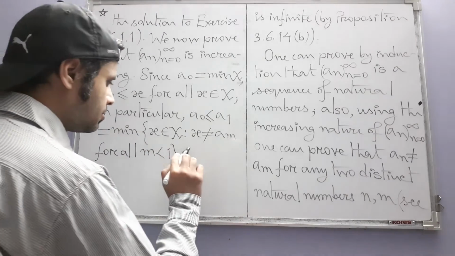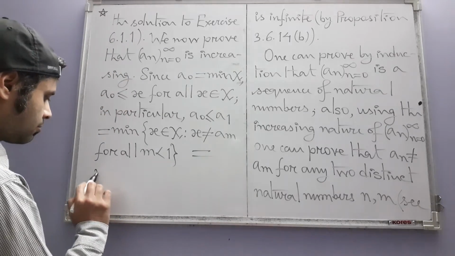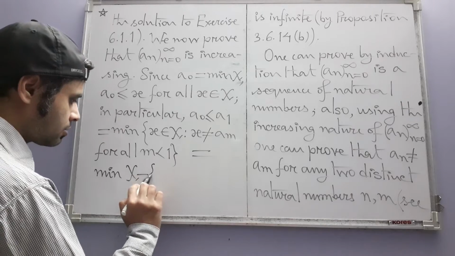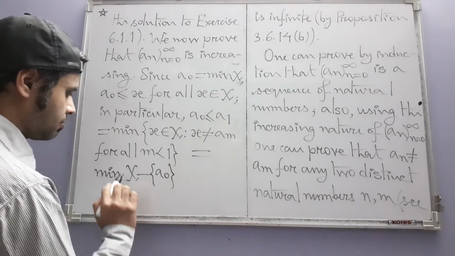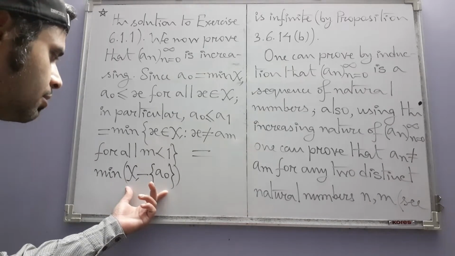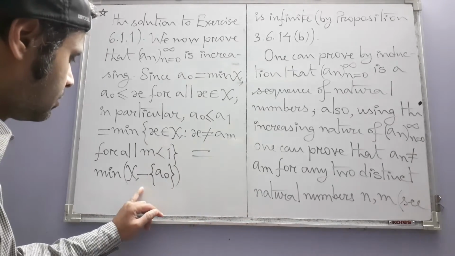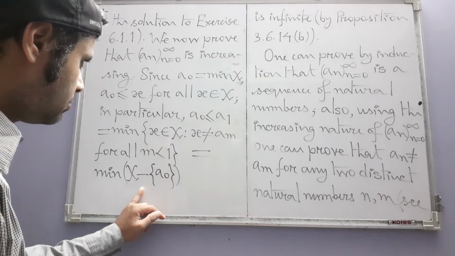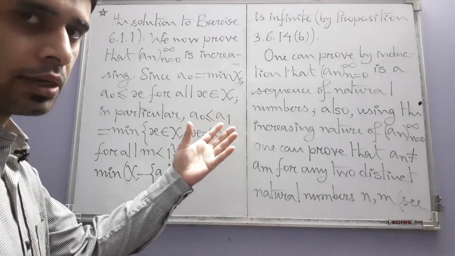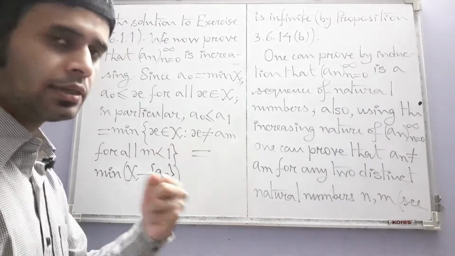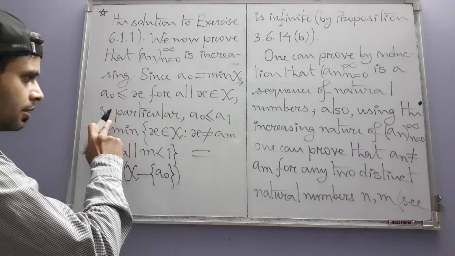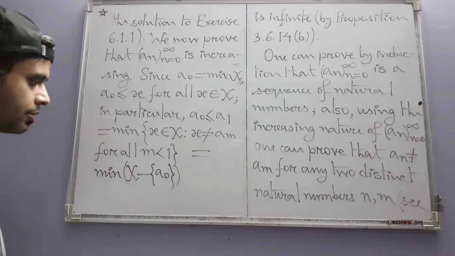In other words, this is nothing but the minimum of x minus a naught, this set, and this is a subset of x after all, and so its minimum, whatever it is, that's what we are calling a1, is after all inside the set x. So yes, because of this thing we do have a0 less than or equal to a1.